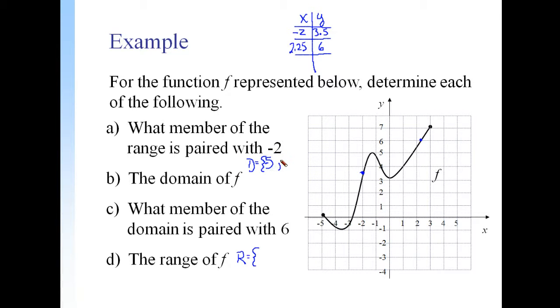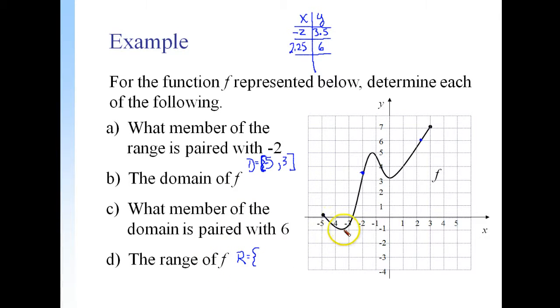So -5, comma 3. And in a sense, you might put that in interval notation that we talked about here. And since -5 is included in the set, and 3 is included in the set, that's what we're going to use.